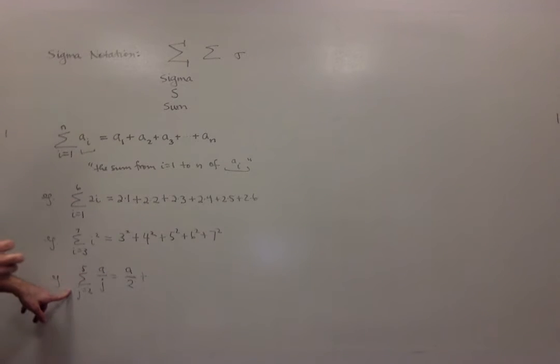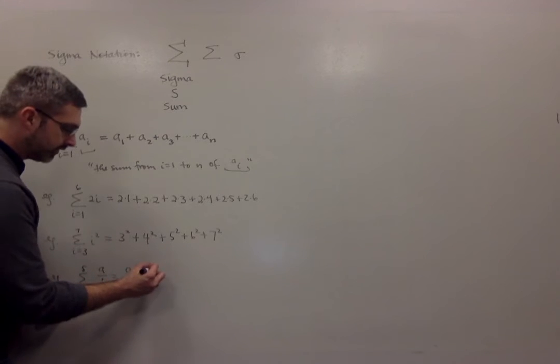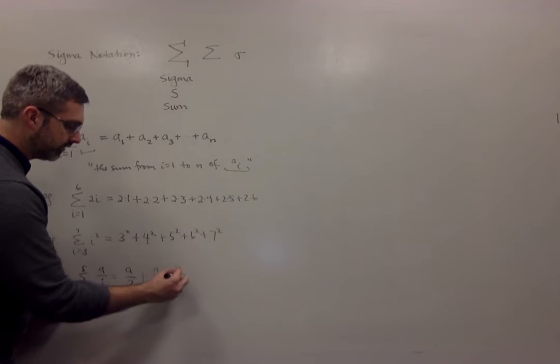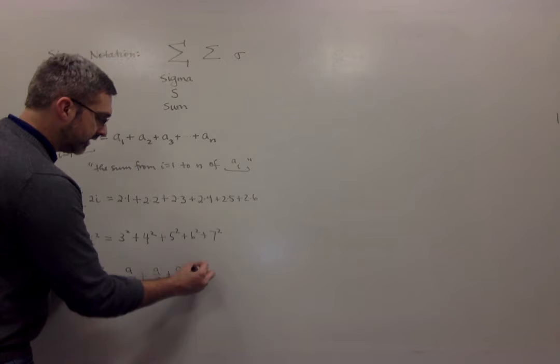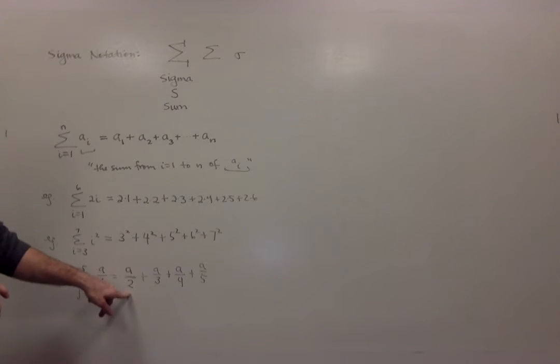And now I'm going to increment j up by 1. So I'm going to do a over 3 now. Plus a over 4. Plus, and I'm going to stop at j equals 5. So a over 5. So this sum, written in a compact way, looks like this.